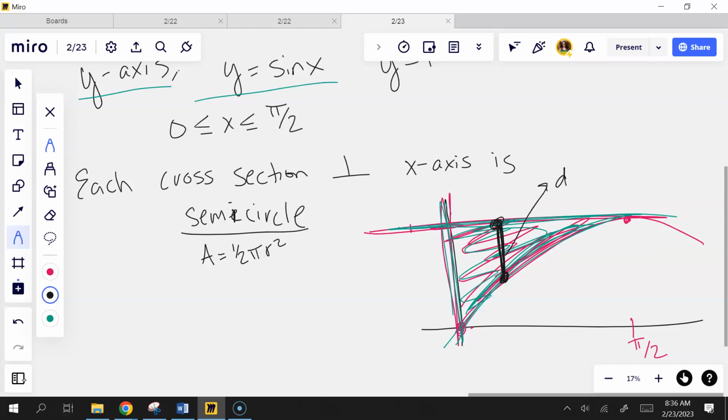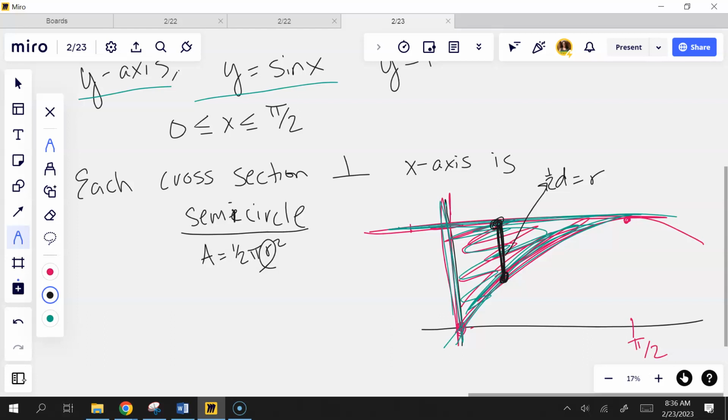And diameter, I have to do half of that to find radius, which is what I need here, right? First let's just find that black length right there. Because it said each cross section is a semicircle, that means the diameter sits there.